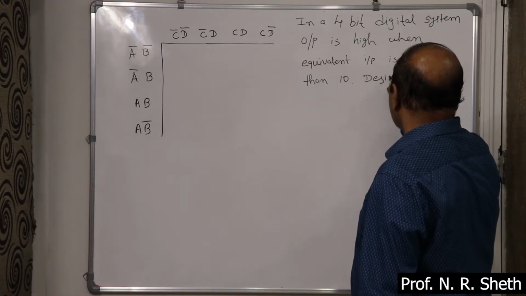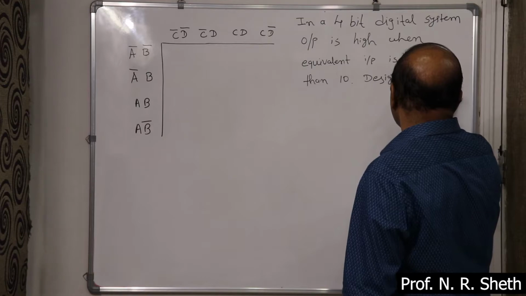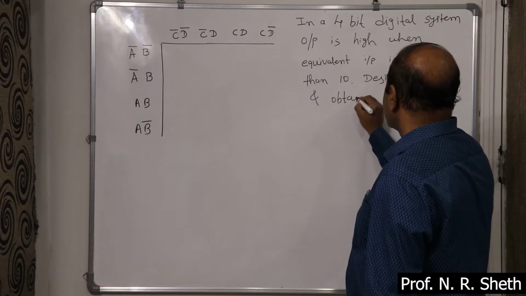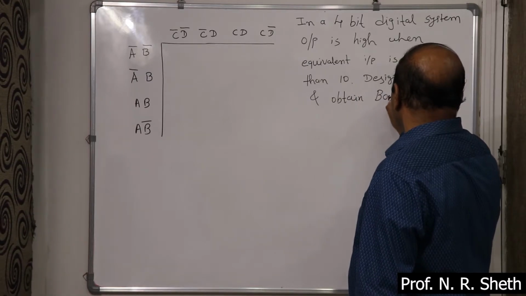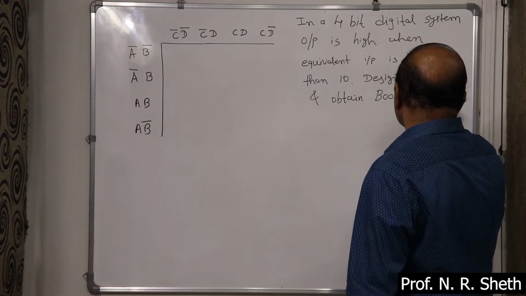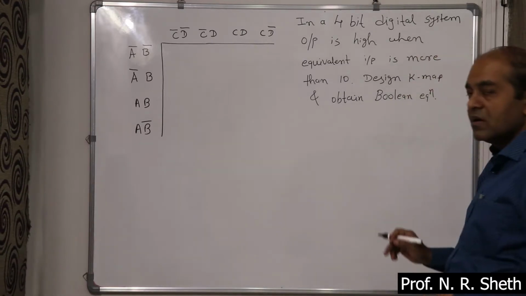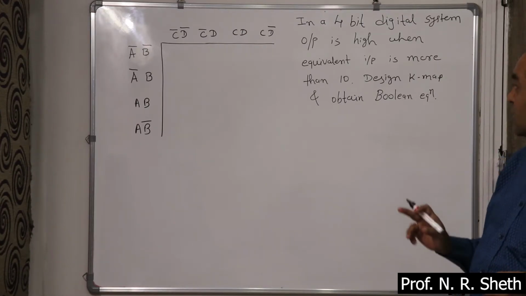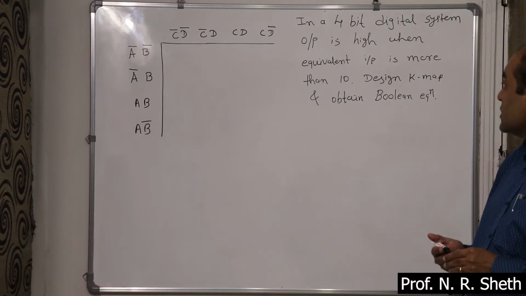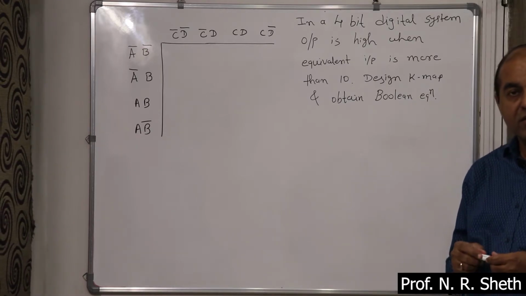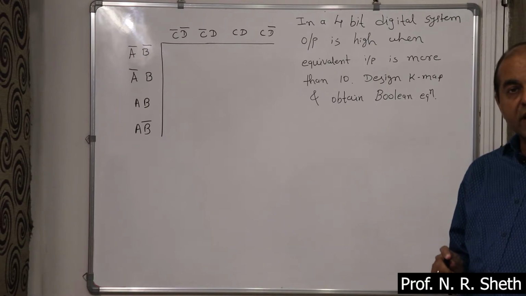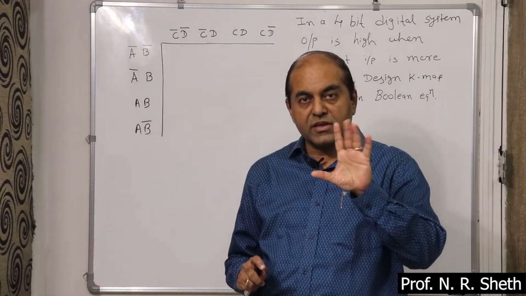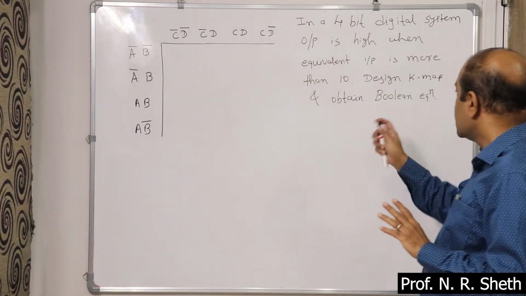Design the K-map and obtain the Boolean equation. In a 4-bit digital system, output is high when equivalent input is more than 10. That means 11, 12, 13, 14 and 15. For these five cases, output is high. Design the K-map.